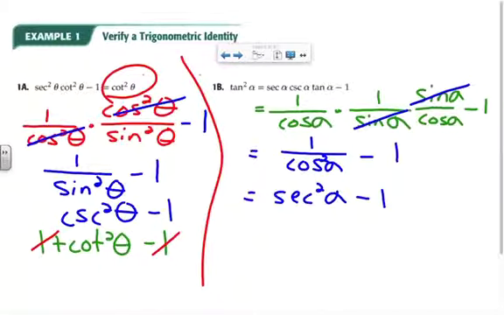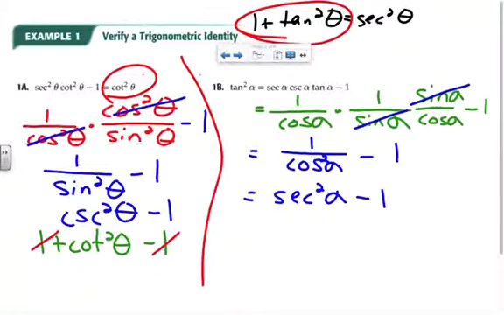And I notice on my reference sheet this thing that I'm going to write off to the side. 1 plus tangent squared of theta equals secant squared of theta. So I can once again take this and substitute it in here. And when I do, I have 1 plus tangent squared of theta minus 1.